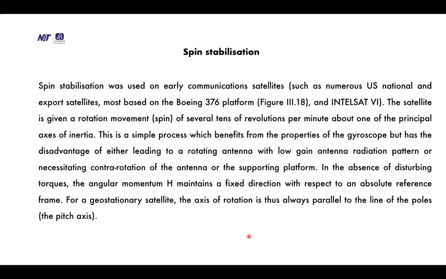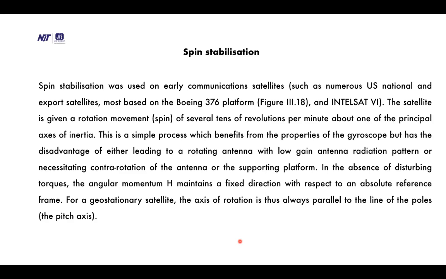This is a simple process which benefits from the properties of gyroscopy but has the disadvantage of either leading to a rotating antenna with a low-gain radiation pattern or necessitating contra-rotation of the antenna relative to the supporting platform.